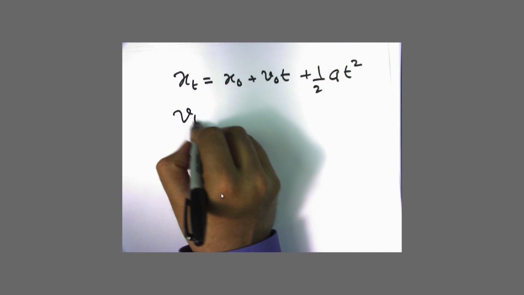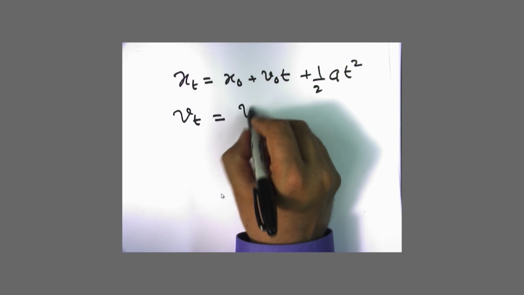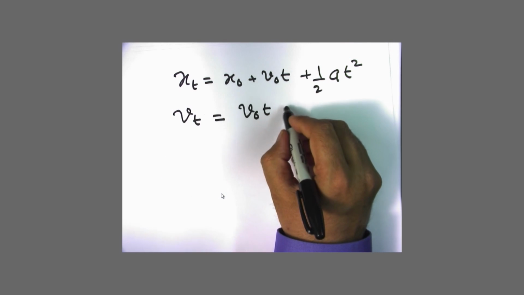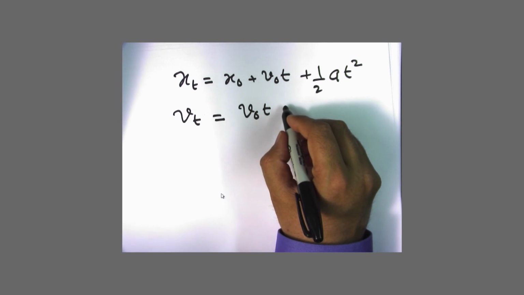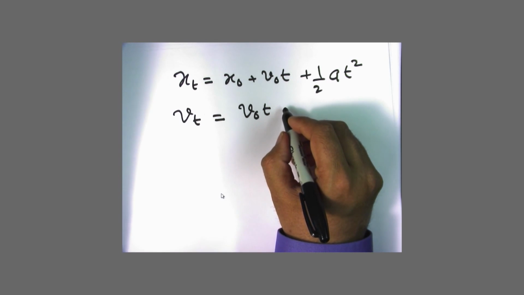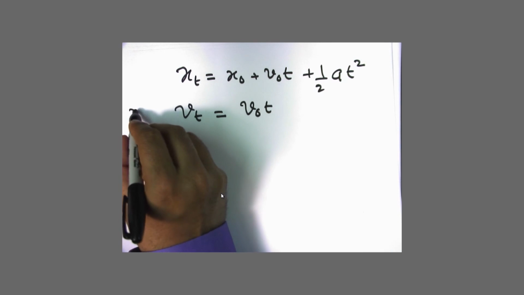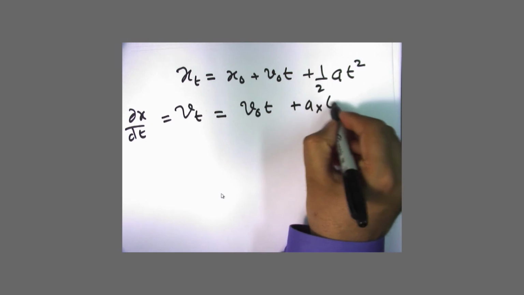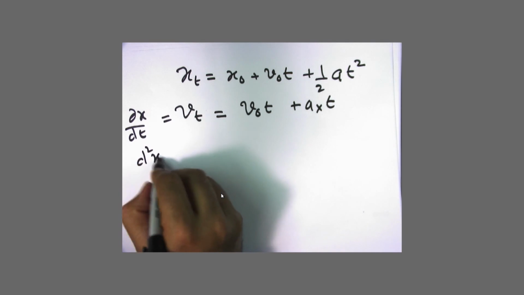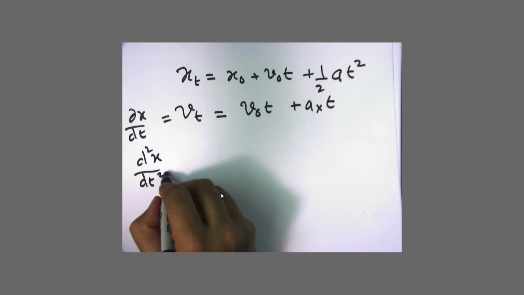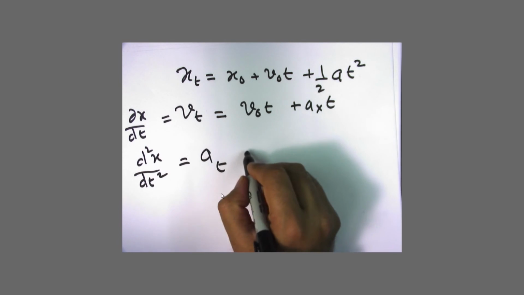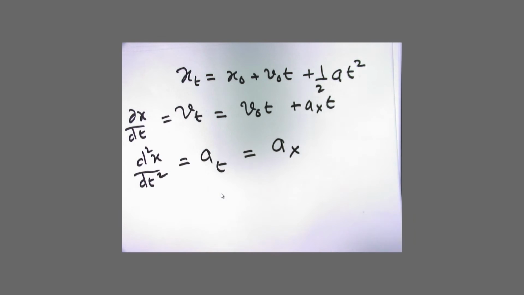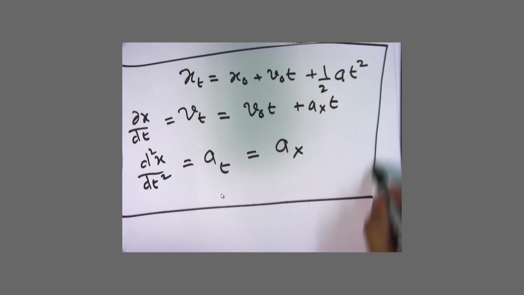If I go to velocity v(t), then it is obtained by differentiation of x with respect to time, dx over dt. So, this is dx over dt, that is equal to v(t), which is v0 plus a t, and the second differential with time, which is equal to acceleration a(t), is equal to a_x. So, this is the formulation that you will put in your program.